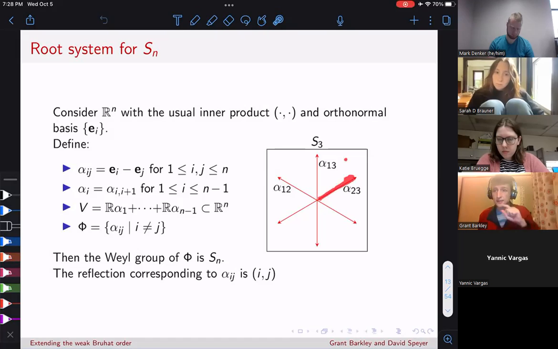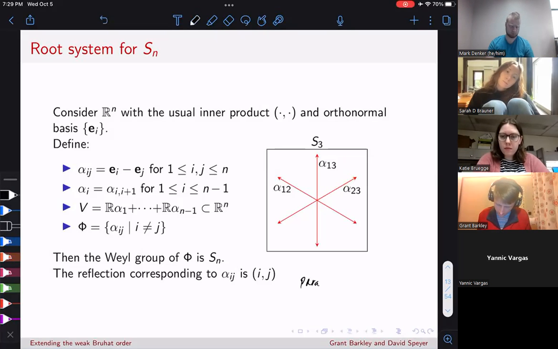So the answer is that these faces actually correspond to something called parabolic quotients, or equivalently parabolic subgroups.